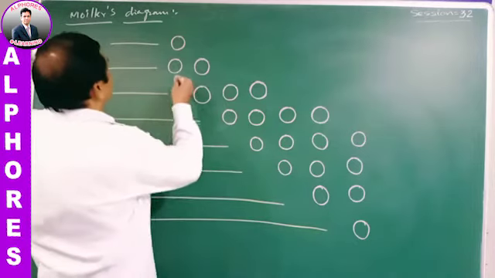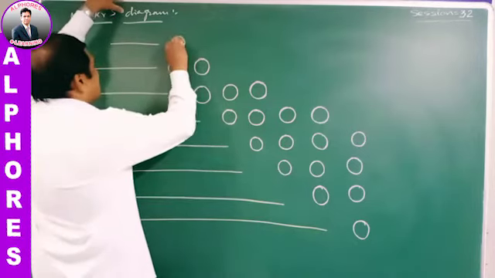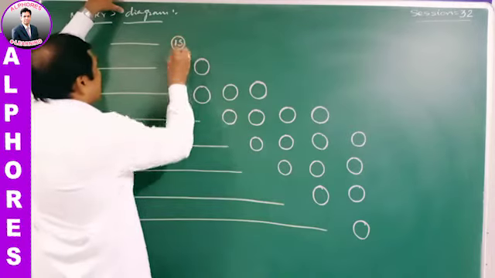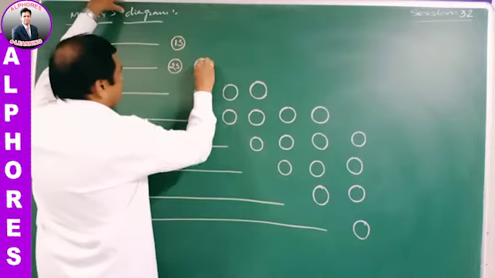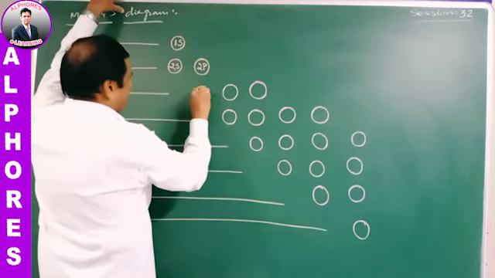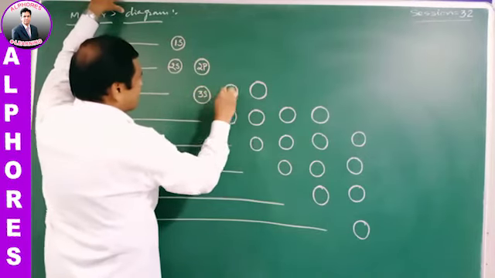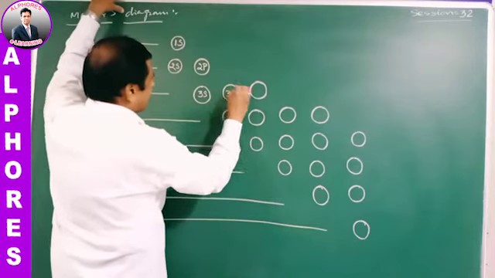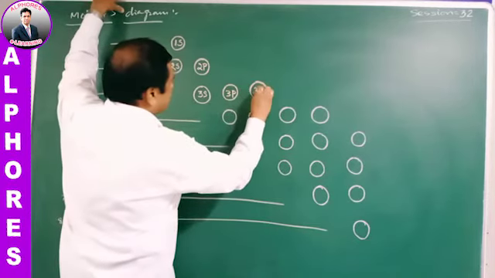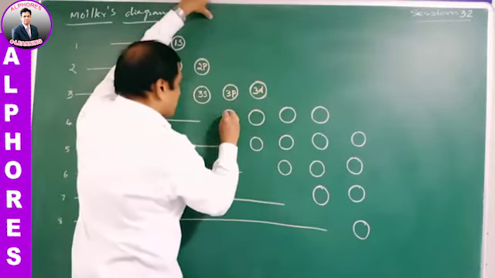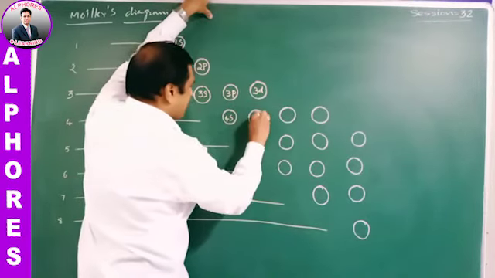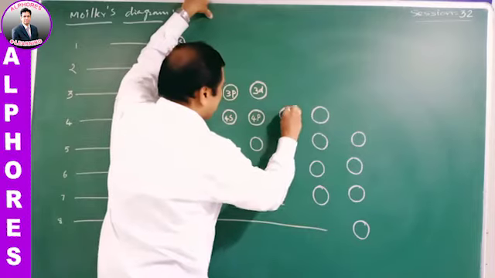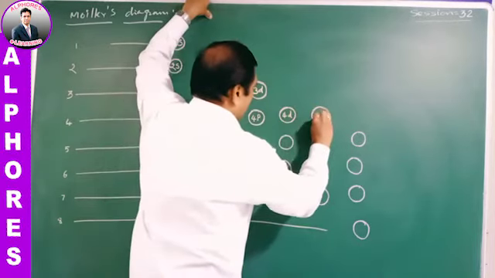In the first orbit we have the 1s subshell. Next, in the second orbit, 2s, 2p; then 3s, 3p, 3d; 4s, 4p, 4d, and 4f.